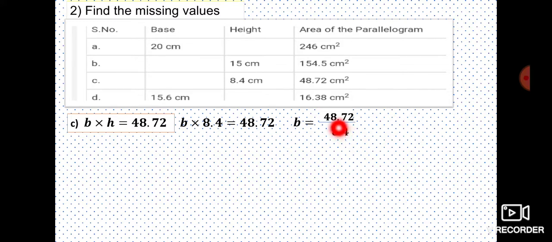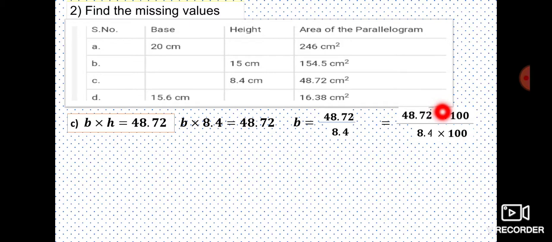So by counting, here 2 decimal places, here only 1 decimal place. For removing the 2 decimal places, we should multiply with 100. Here, we should multiply with 10. Out of 100 and 10, which is greater? 100. So we select 100. 48.72 into 100 by 8.4 into 100.